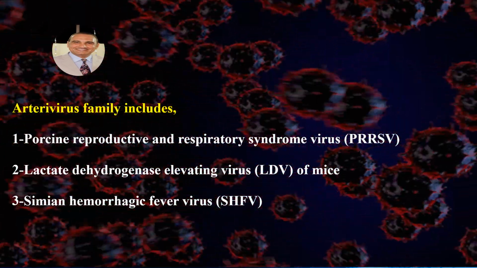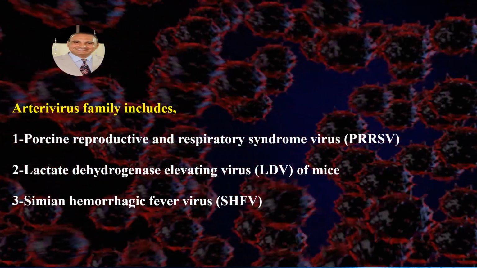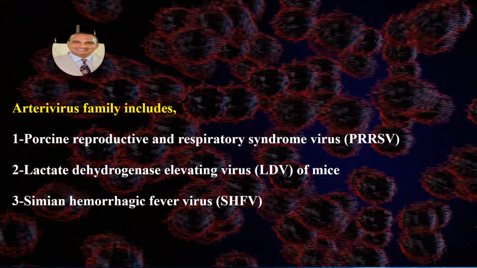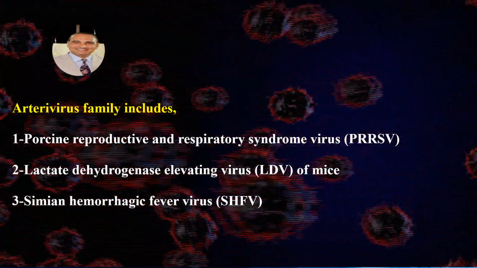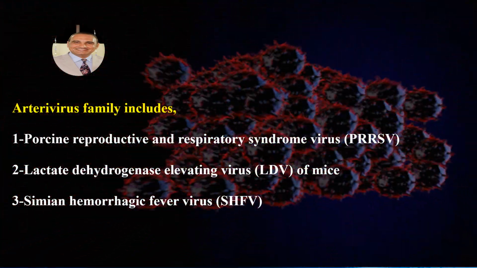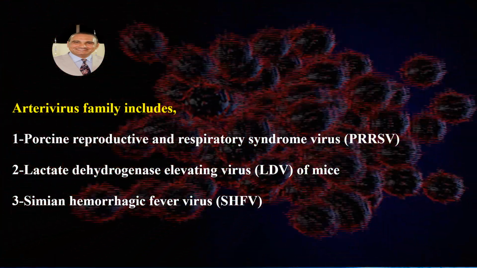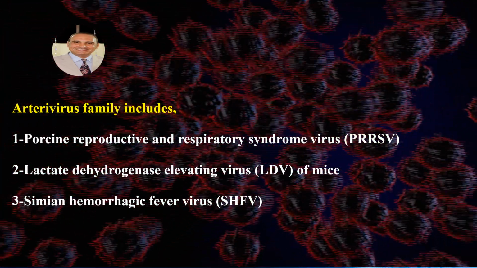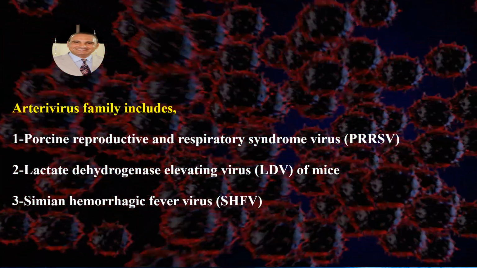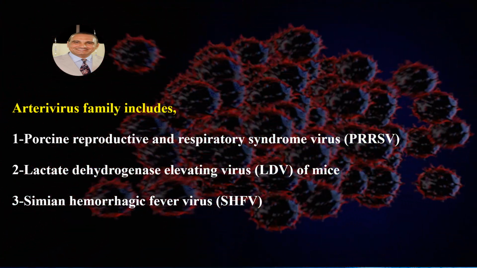The Arterivirus family includes, in addition to alphaarterivirus equid, porcine reproductive and respiratory syndrome virus PRRSV, lactate dehydrogenase elevating virus LDV that infects mice, and simian hemorrhagic fever virus SHFV which infects monkeys.